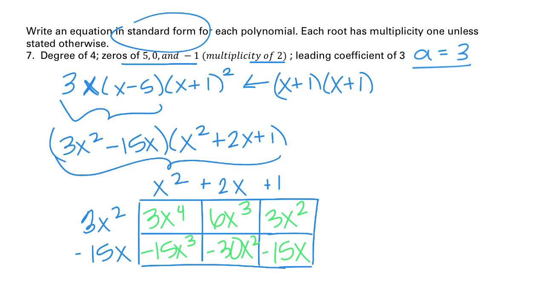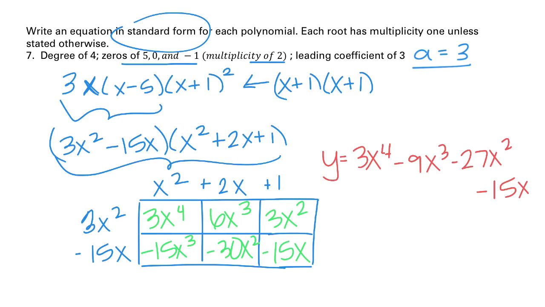And I'm just going to combine like terms and write out my final answer for this function. It would be 3x to the 4th minus 9x cubed minus 27x squared minus 15x.